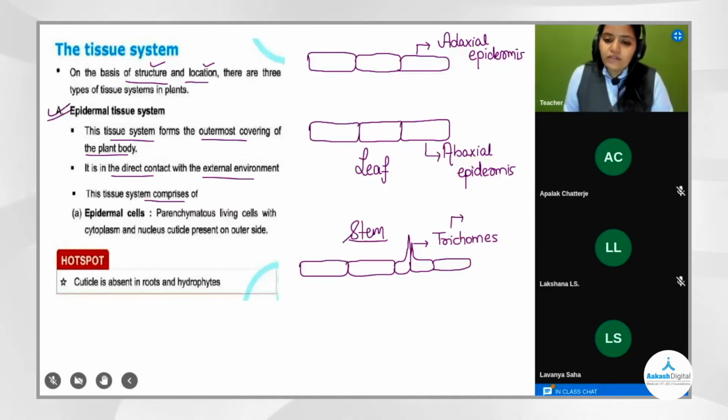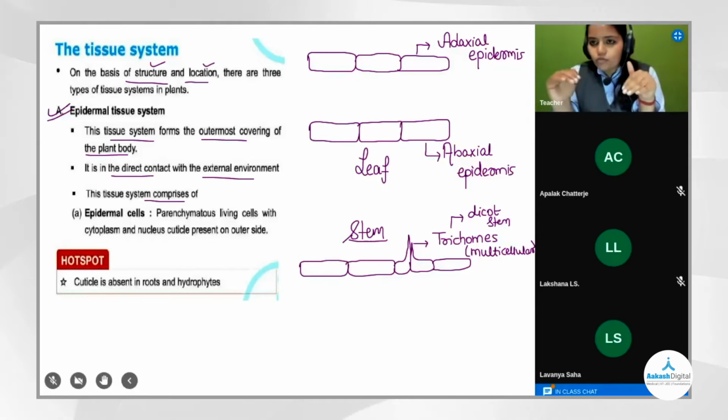So they are specifically present on dicot stem. Could you see here that this trichome is made up of two epidermal cells altogether? So can I just say that they are usually multicellular in nature? In monocot stem, you won't find such trichomes. In dicot, they are present. So whatever extra feature was there, I just told you here only.